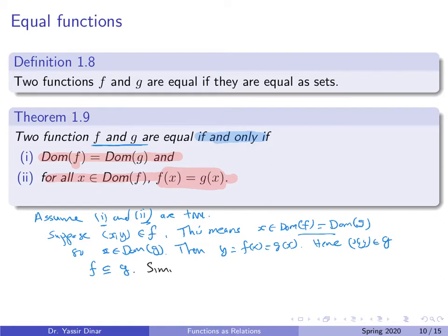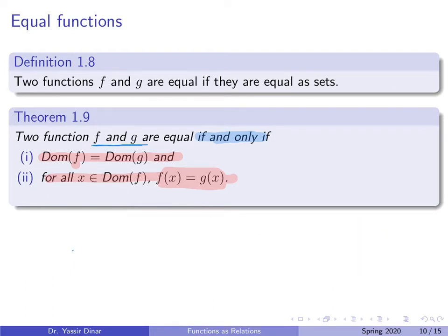Similarly, I can prove that g is a subset of f, and hence we can conclude that f is equal to g. Thus, assuming the two conditions 1 and 2, I can prove that these two functions are equal as sets.